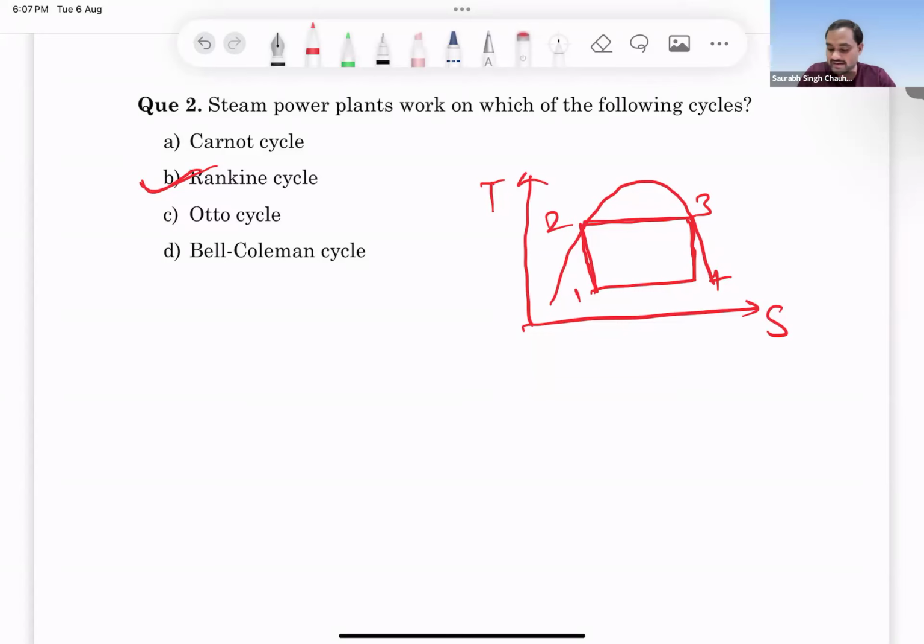Pump and turbine are both designed to work with a single phase. Turbines work very well for steam, and pumps work well for liquids.